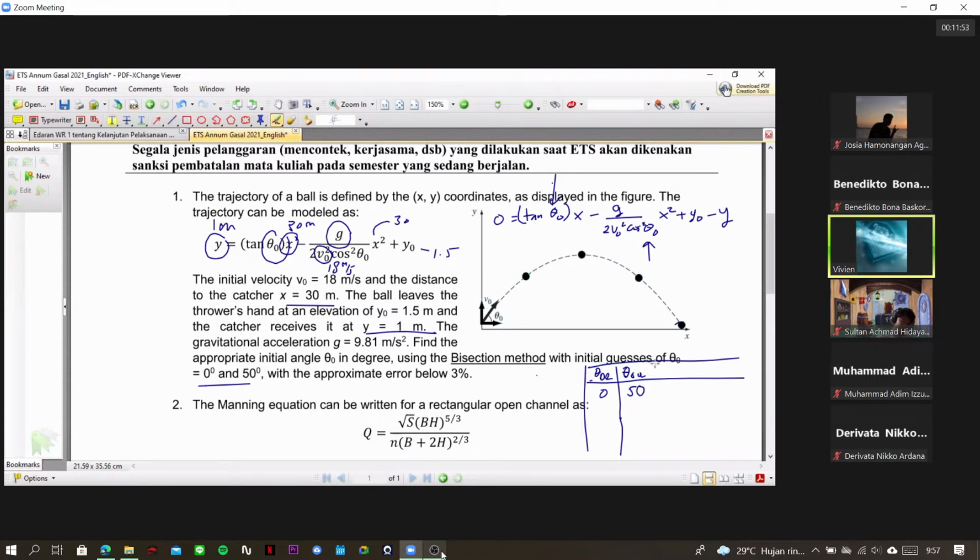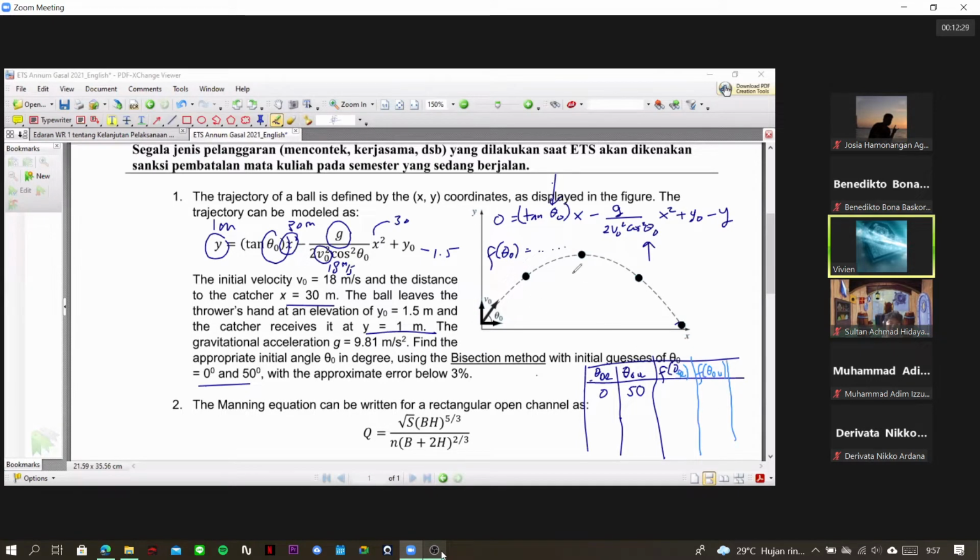And then we have to check the value of this, which becomes f of theta 0. We have to find f of theta 0 for the lower limit, and we can also find f of theta 0 for the upper limit, and then we check the values.